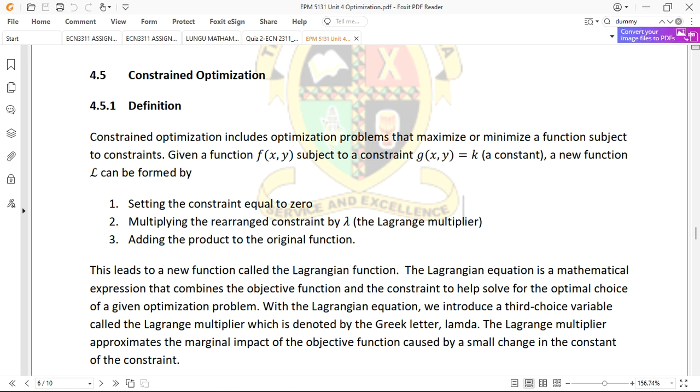Your goal, of course, is to maximize this consumption. You want to buy both of these commodities, but you don't have enough income. You are limited. There's a limitation.